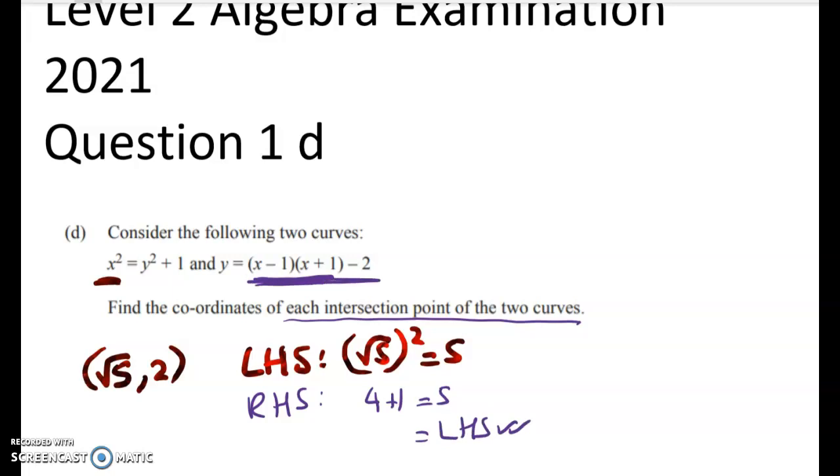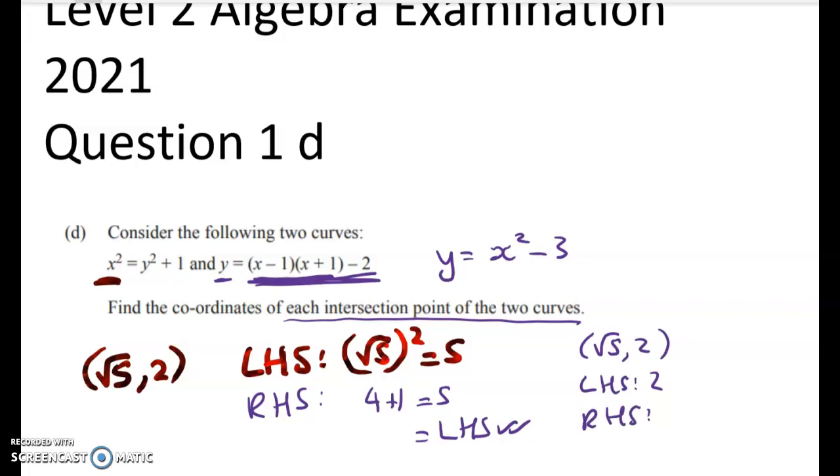And we should also check it in here as well. So this one here, we've got y is equal to x squared minus 3. So checking, for example, root 5 and 2, the left-hand side is simply 2, and the right-hand side is root 5 squared, so 5 take away 3, which is 2.